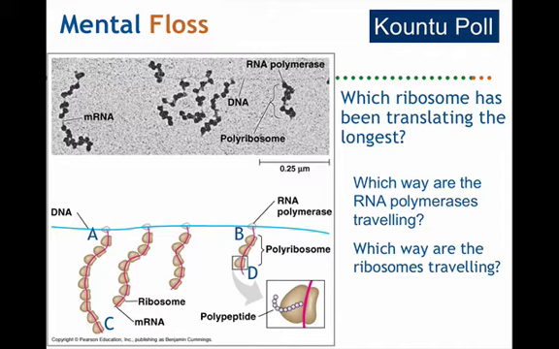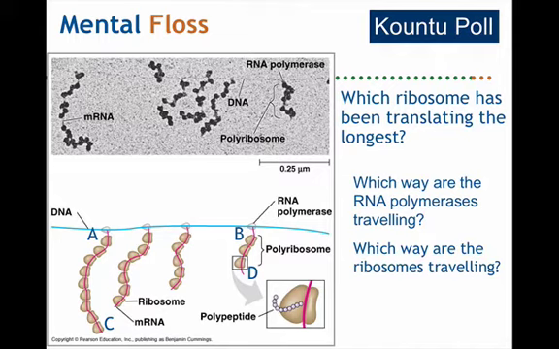Votes are in, and we're arguing over A and C. Remember we said in the last class, multiple polymerases can transcribe a gene at the same time, and multiple ribosomes can translate a message at the same time. So polymerases start here on the right, and then they go this way. So this is the oldest polymerase.